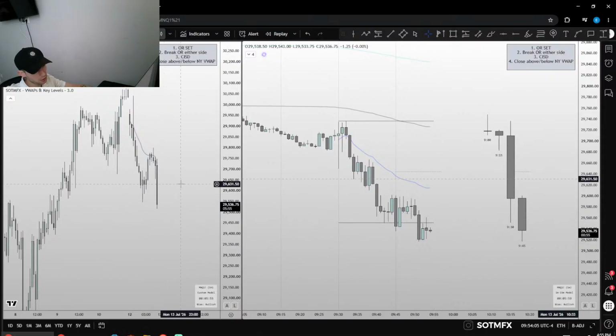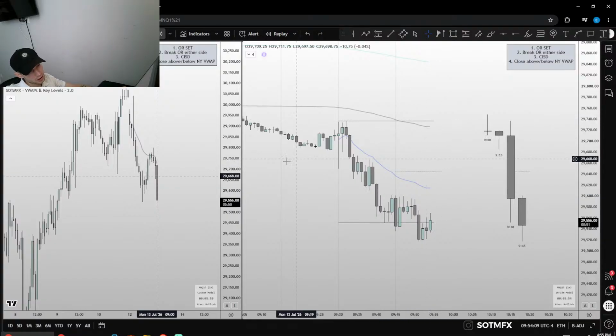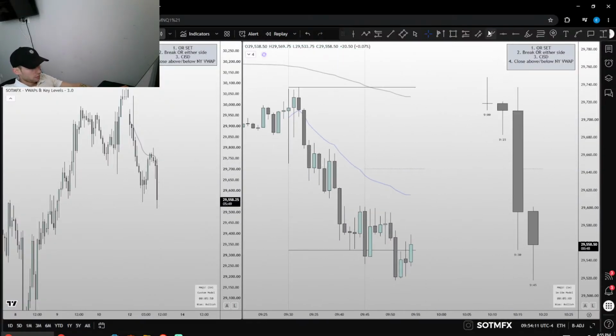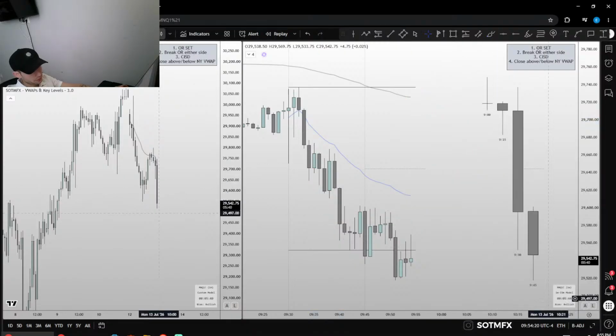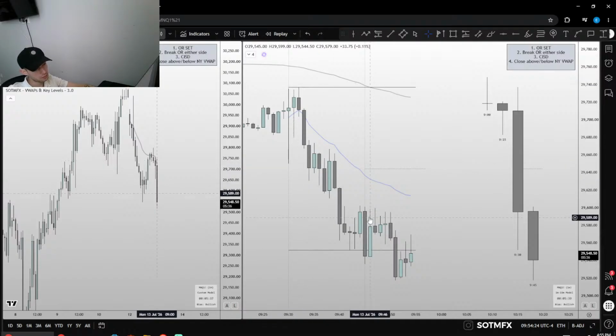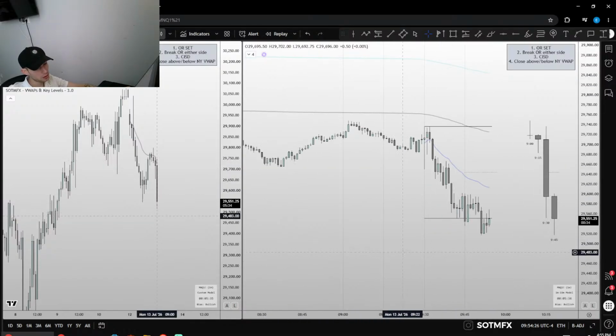But before that, I would expect price maybe to come back and retest, right? Maybe price will come back and retest New York, or maybe price will come back and retest the overnight. I don't know. So I will let it do its thing, and then we'll see.